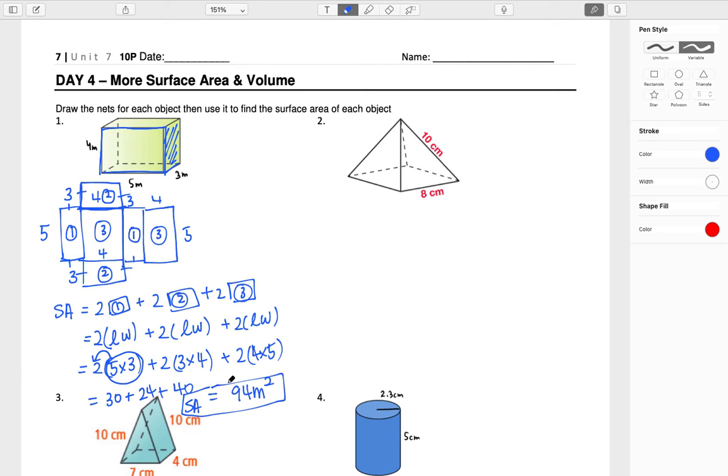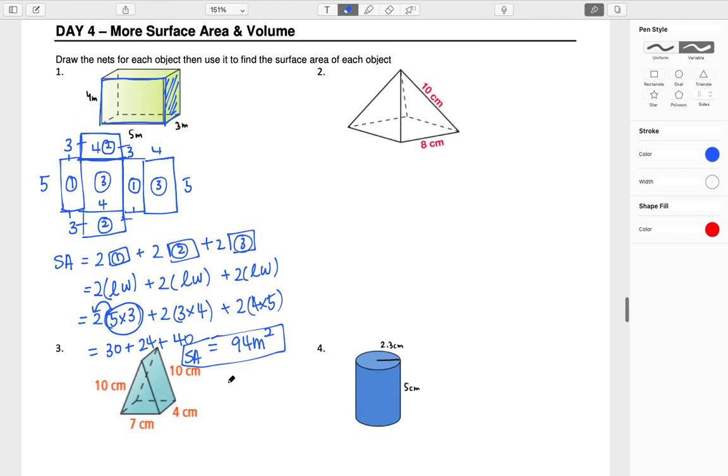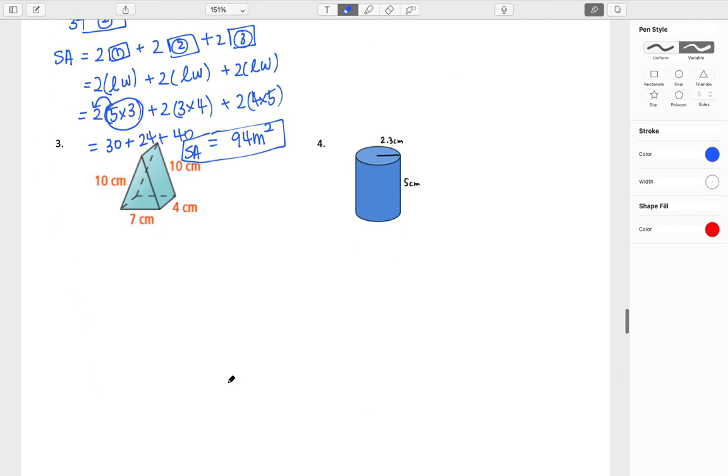Next, let's take a look at the cylinder at the bottom. If you look at the cylinder, we are looking for the surface area again. So I'm going to draw a net shape: a rectangle, a circle, and a circle. So we have shape 1 and shape 2.